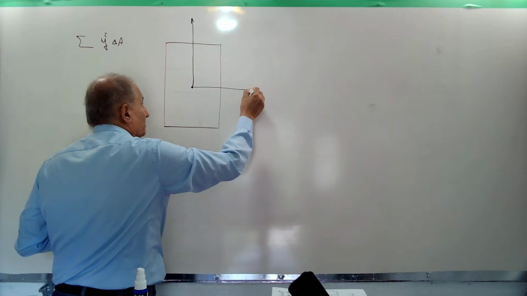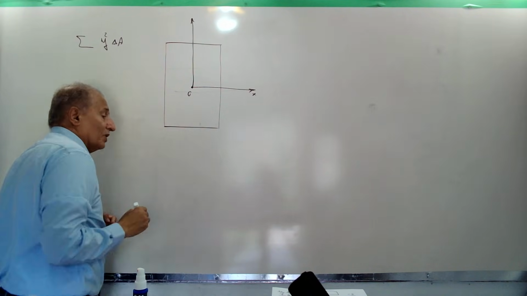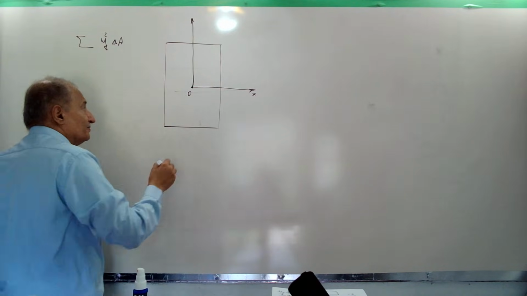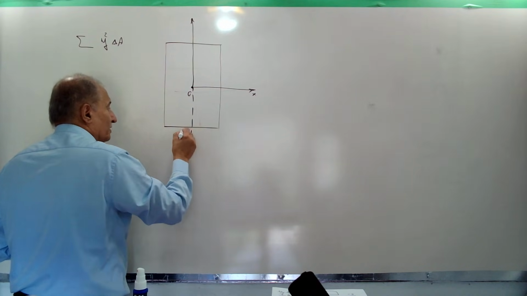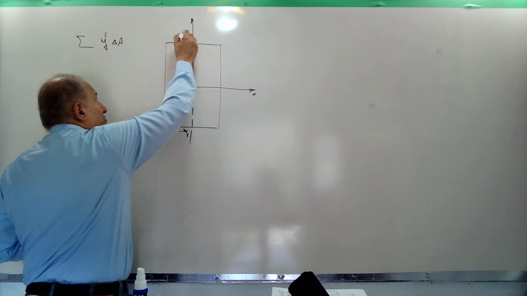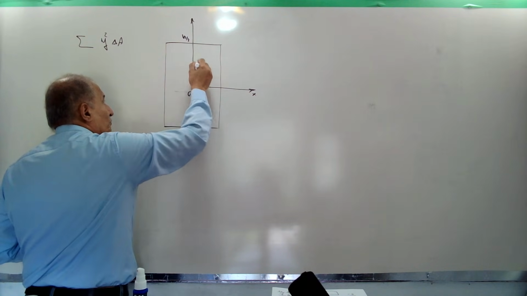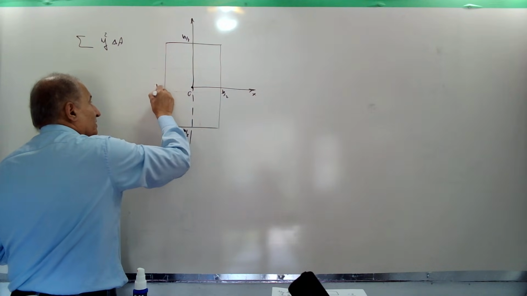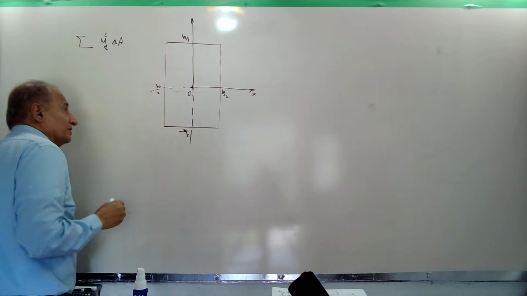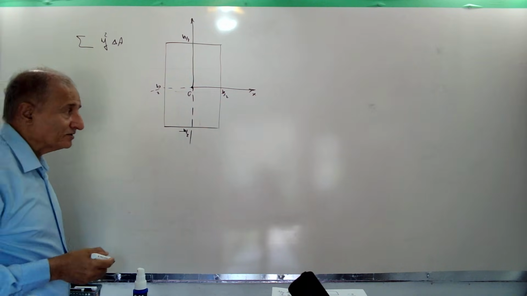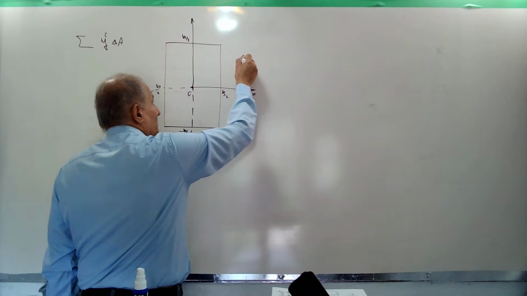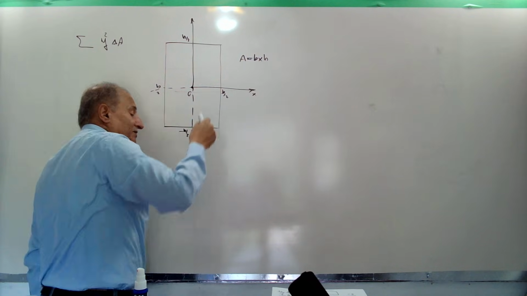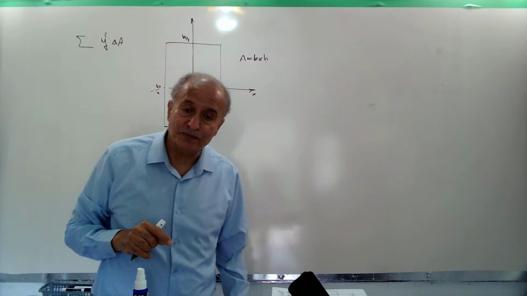Assume that we have coordinate axes, with the origin at the centroid of the cross section, and y goes from minus h/2 to plus h/2, and the width is equal to b, from minus b/2 to b/2, or we can say the area is equal to b times h. Width is b and the height is h.